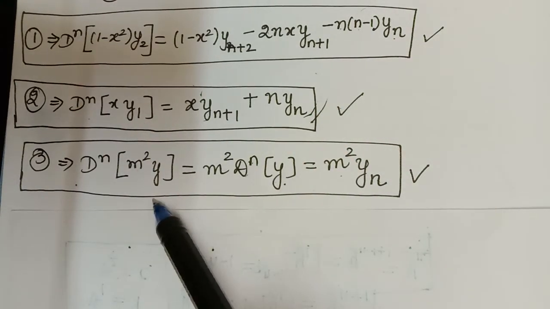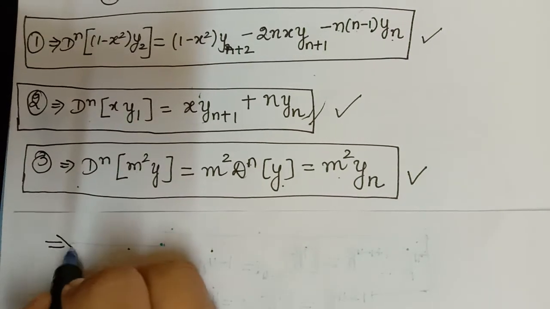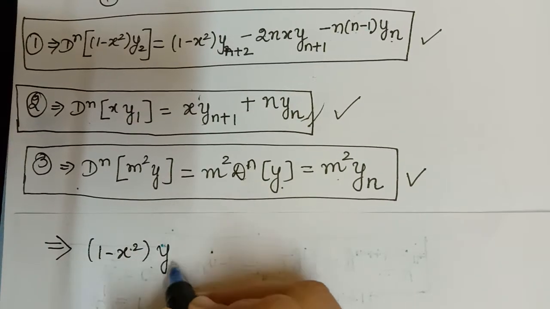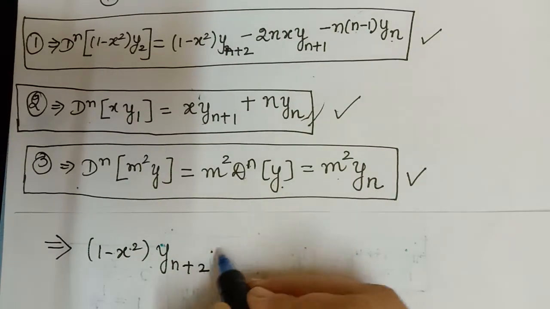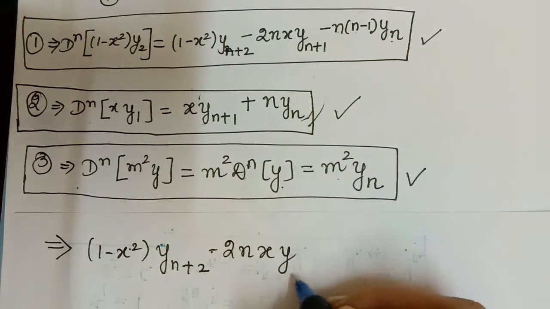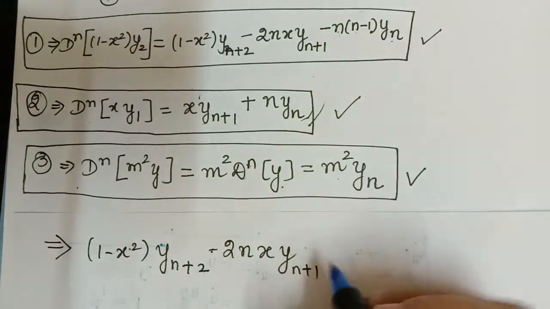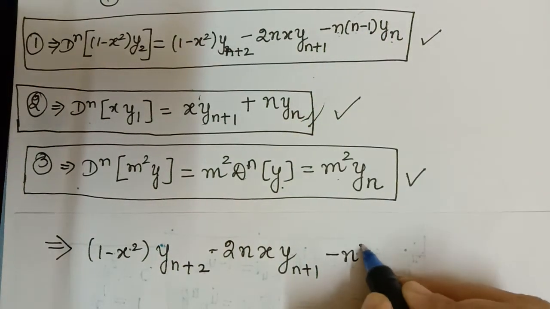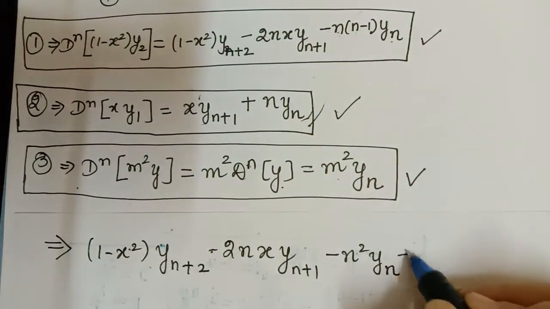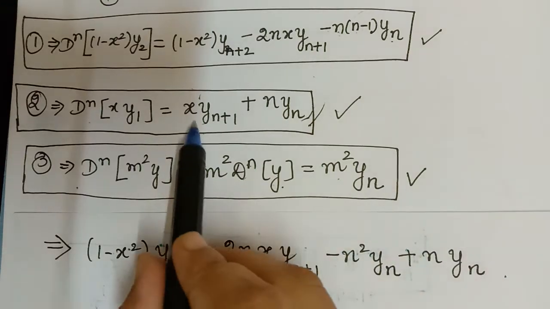Now we will substitute all the three terms together. So the required solution will be 1 minus x squared yn plus 2, and then minus 2n x yn plus 1. And then this we will multiply inside and write it. So minus n squared yn, and then minus into minus is plus n yn, and then this term.